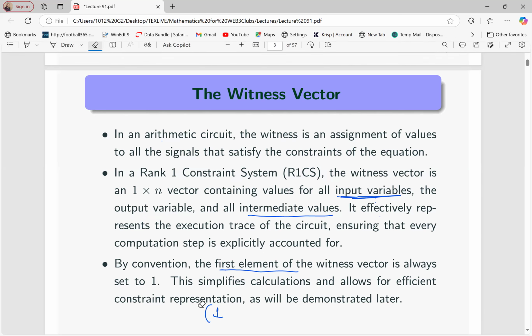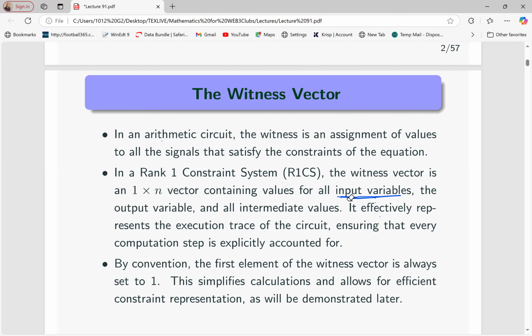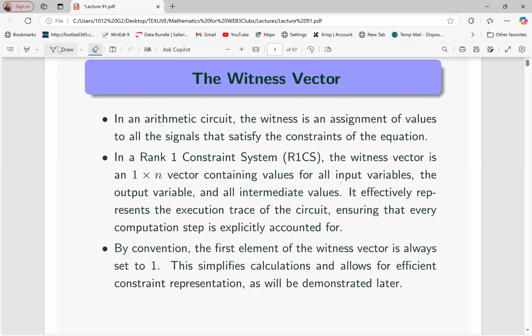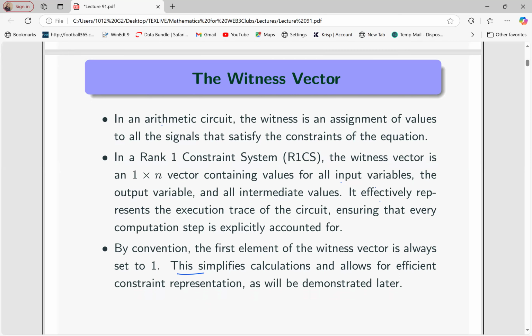You must remember one has to come as the first element of that witness. Why is that necessary? I've said that this is so as to simplify calculations and allow efficient constraint representation, and we will see this in our example.